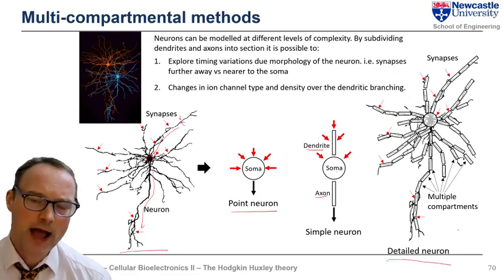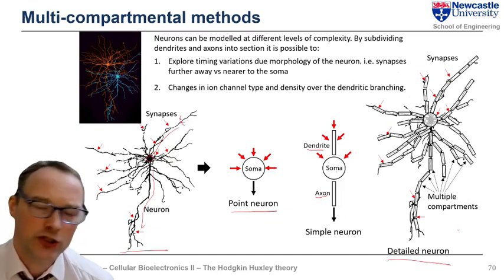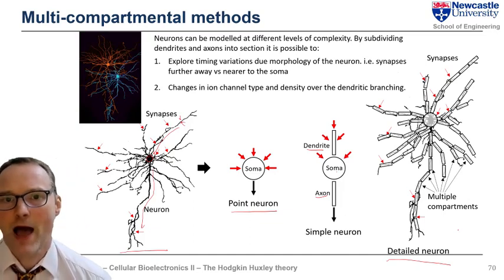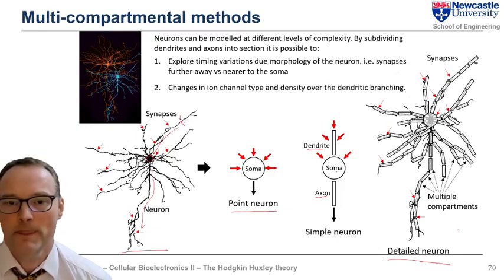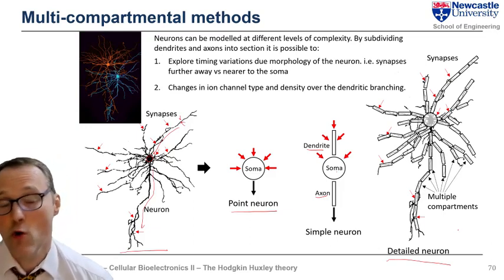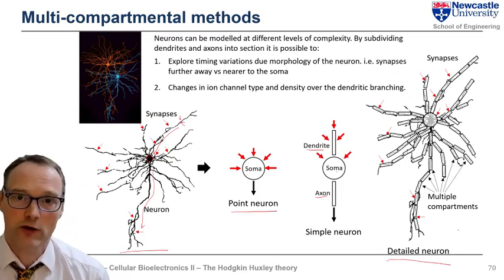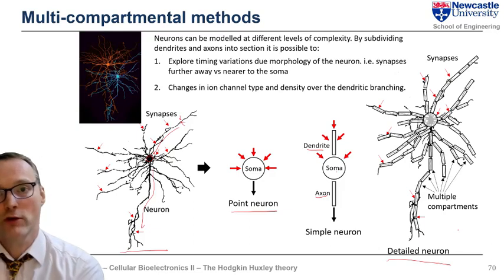But let me come back to what we're trying to do here. I'm trying to give you an intuitive understanding of how a neuron works. And later, when we think about neural stimulation and neural recording, we just need to understand sufficiently how a neuron functions in order to record from it.